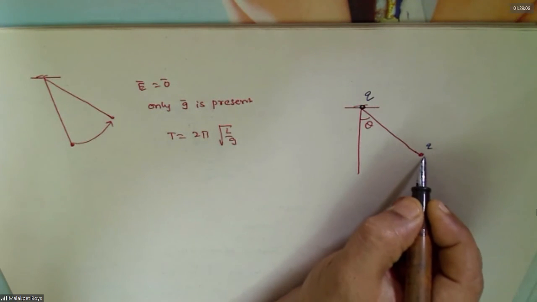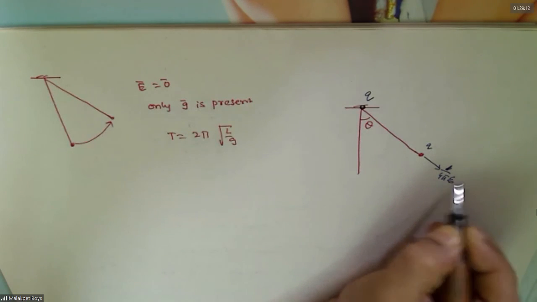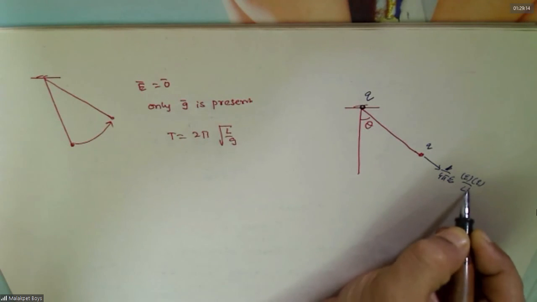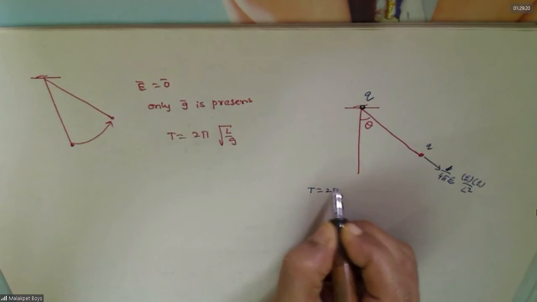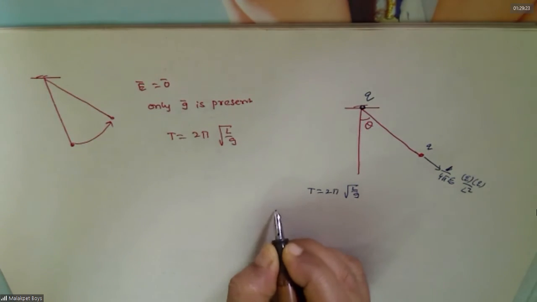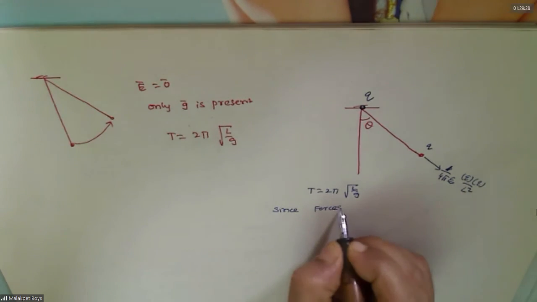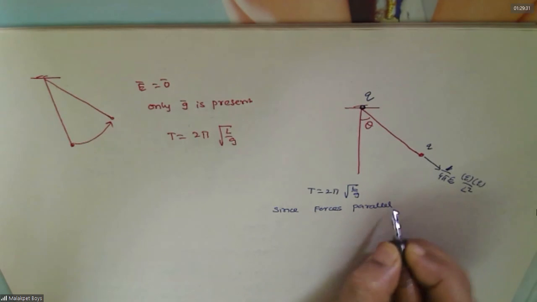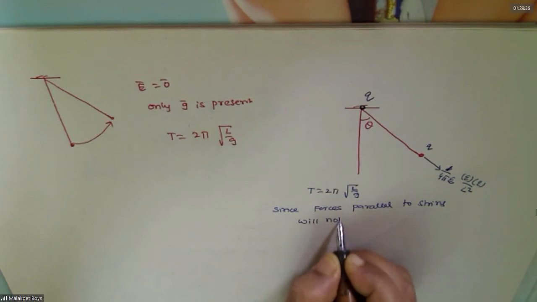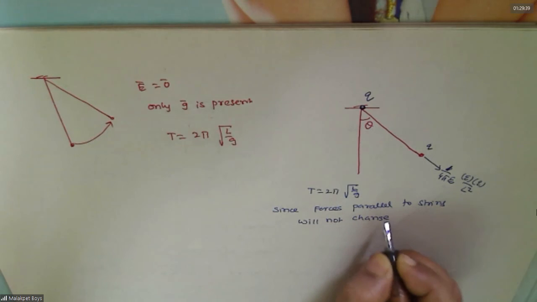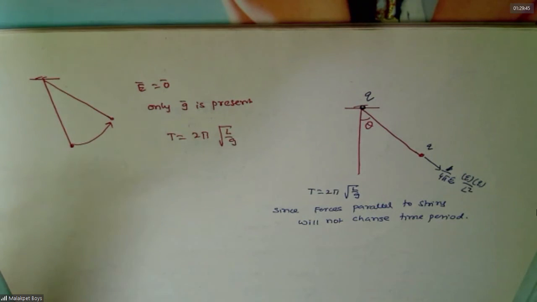This is Q. What is the time period? Same, 2 pi under root of L by g. Why? Because only the g path is present, and forces parallel to the string will not affect the time period. Understood this story? Yes, sir.